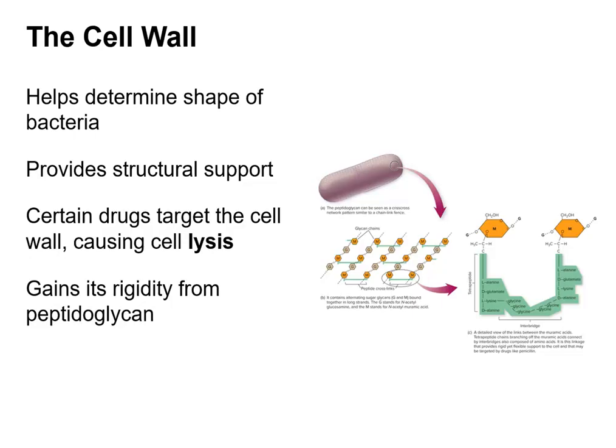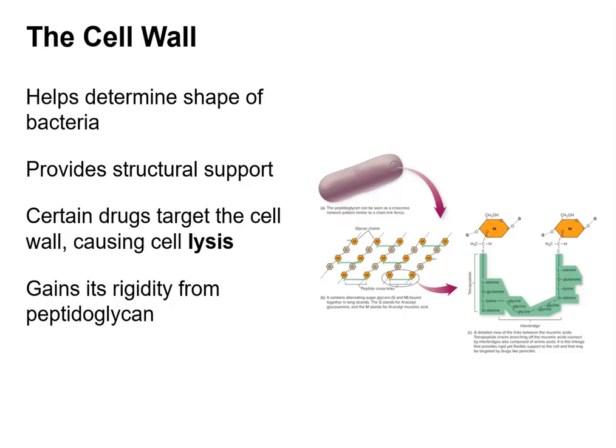Now, bacteria use peptidoglycan as the core component of their cell walls, and this is a mesh-like molecule that includes protein and sugar subunits. So that's what you're seeing over here on the right, your sugar and proteins that are part of that peptidoglycan. So we say it's a mesh-like molecule.